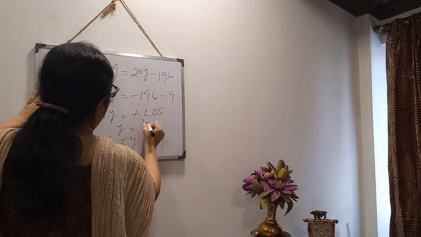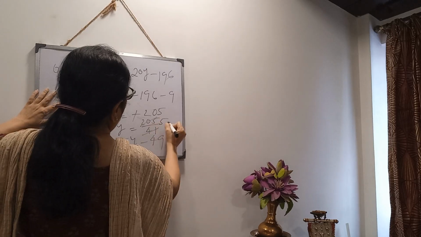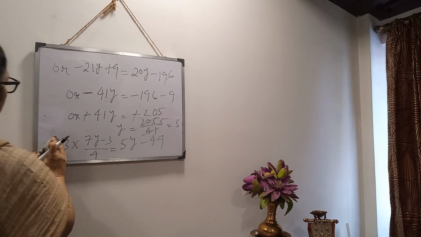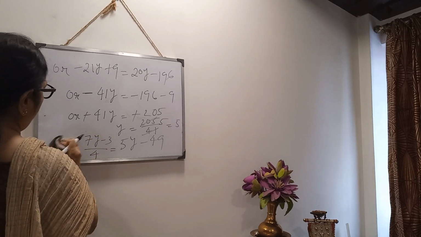Therefore y is 205 by 41, y is coming 5. So I have to calculate the value of x. My x is this.